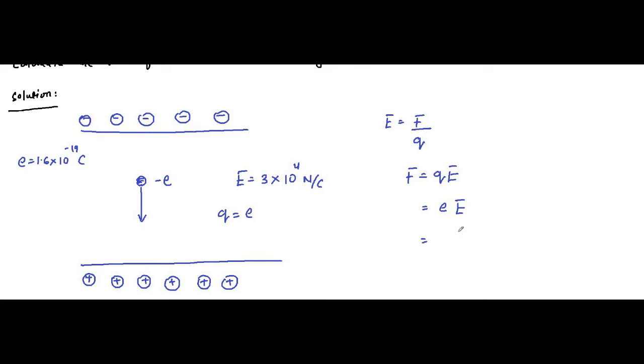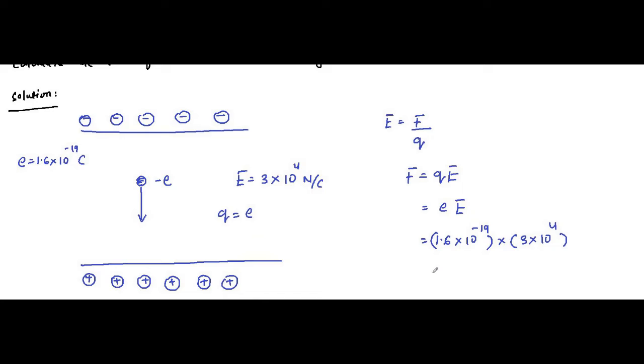So here it will be 1.6 into 10 to the power minus 19 coulomb multiplied with 3 into 10 to the power 4 Newton per coulomb.